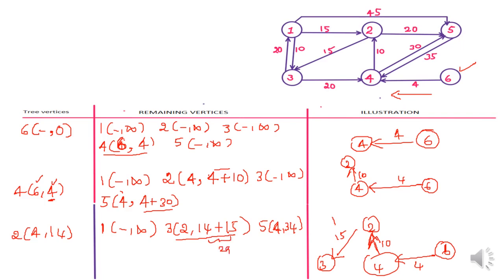Even here also I got 4, 14 plus 15, 29. Now we can add this into the penultimate vertex. The remaining vertices now are 1 and 5.